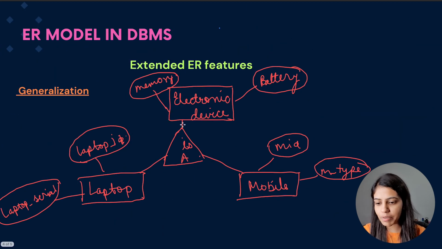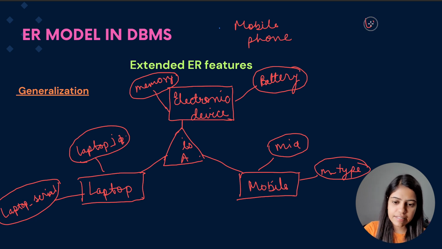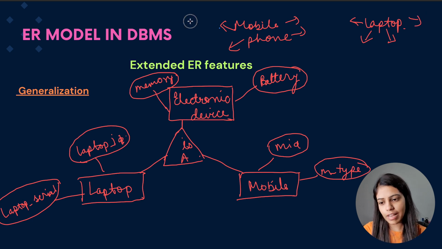Here in the example you can see there is electronic device. Consider that I have two entities. First one is mobile phone and second is laptop. Now mobile phone may have some attributes and laptop also may have some attributes. Consider mobile phone has an attribute such as battery.